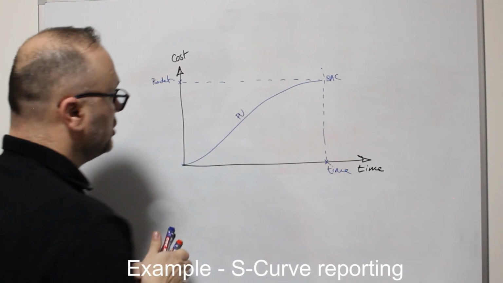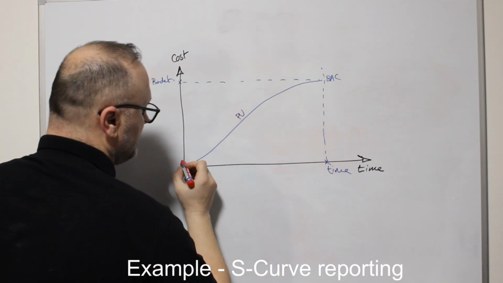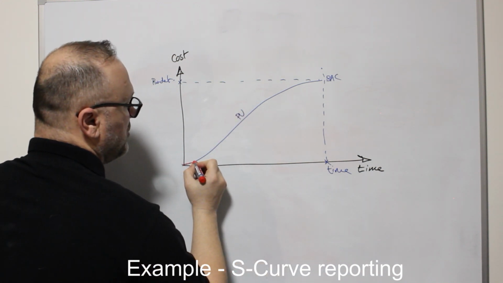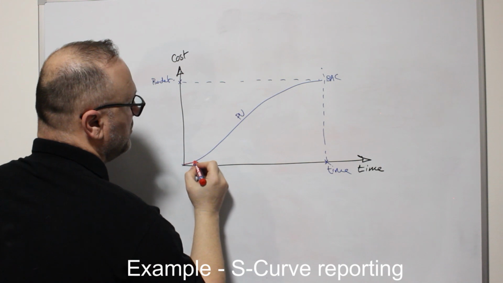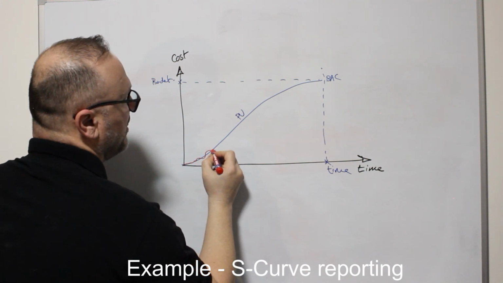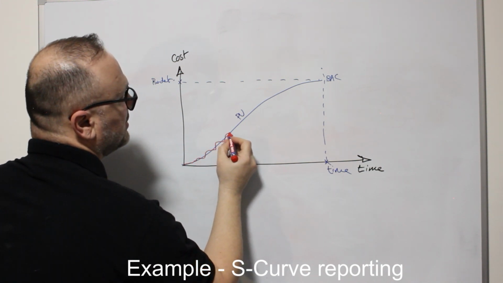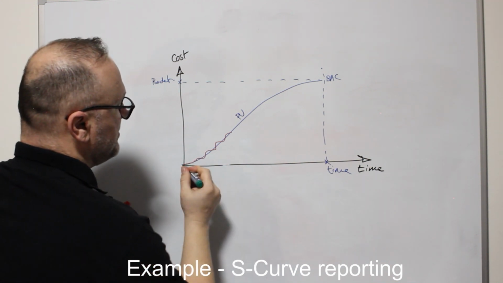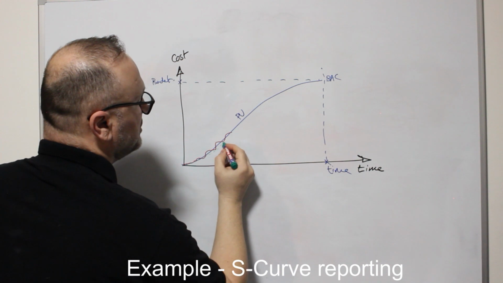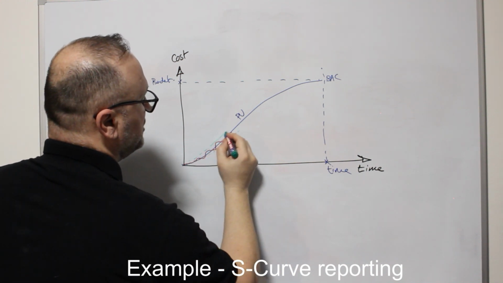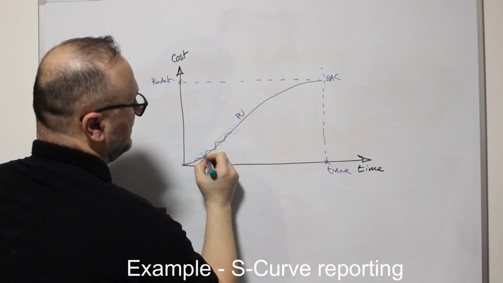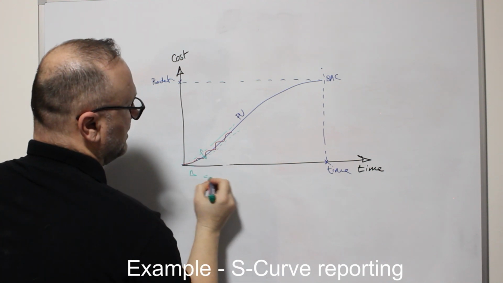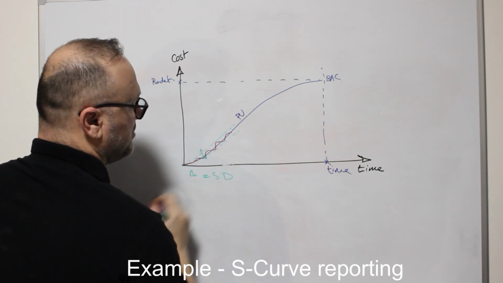Once we are executing, the actual cost could go around the project. The project has some accepted deviations. Those deviations, the delta, is the standard deviation of the project.